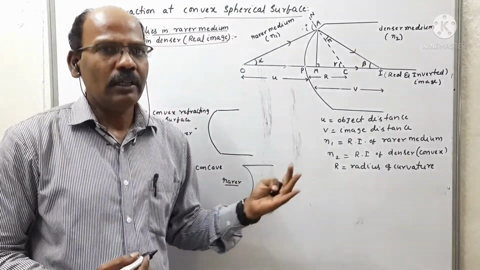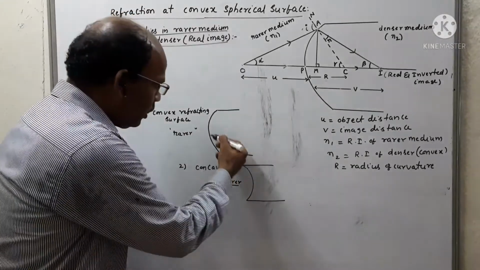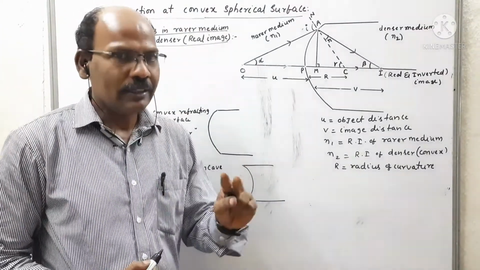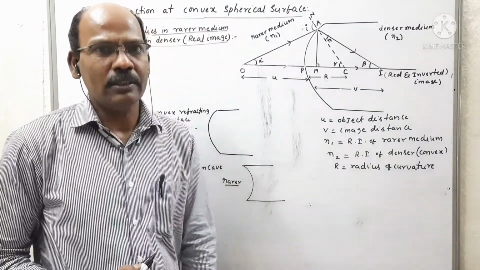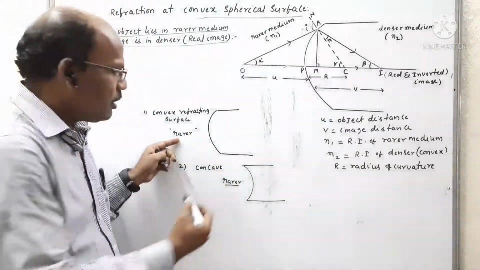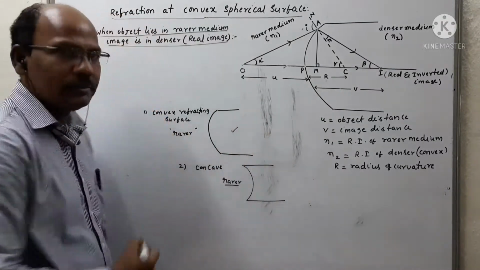Here, how the light is refracted through a concave spherical refracting surface can be observed in two cases. First case: when the object lies in the rarer medium, the image is formed in the denser medium.